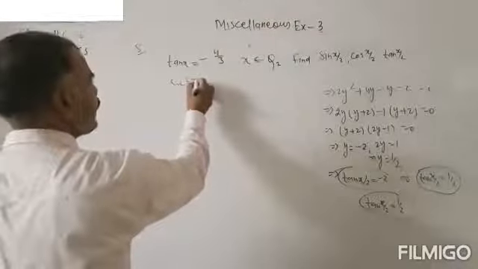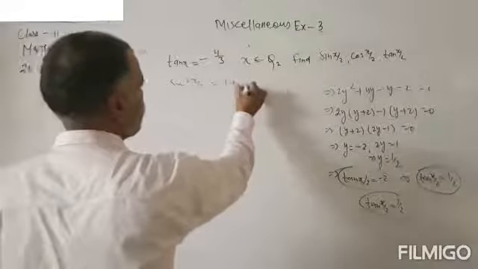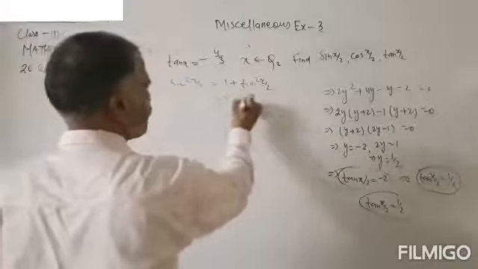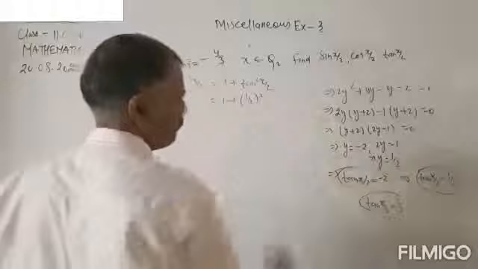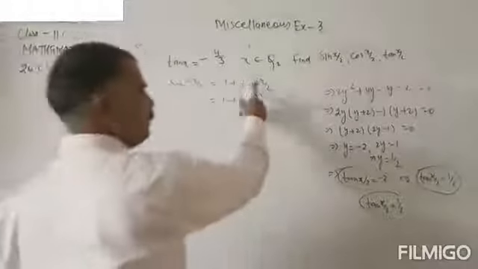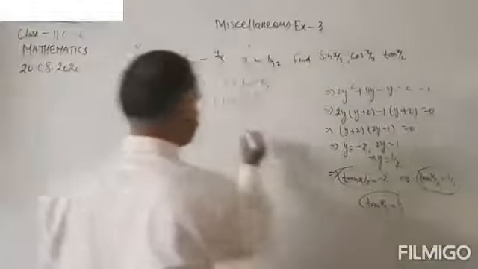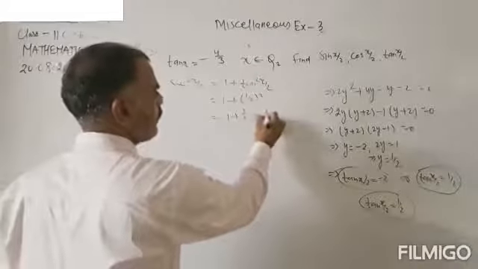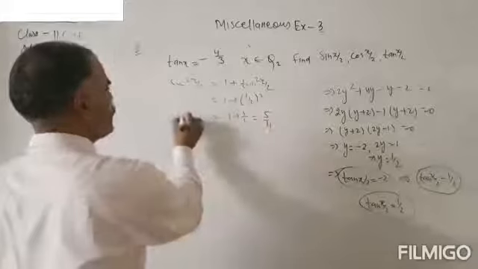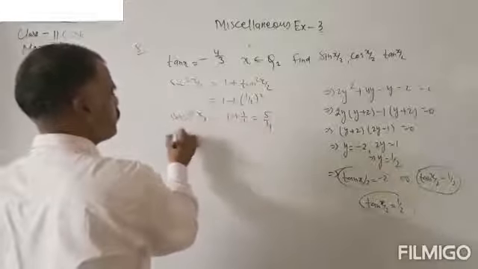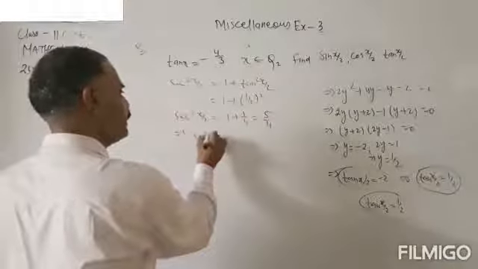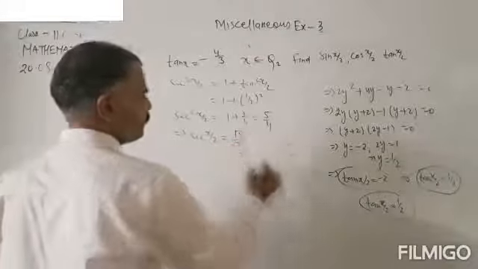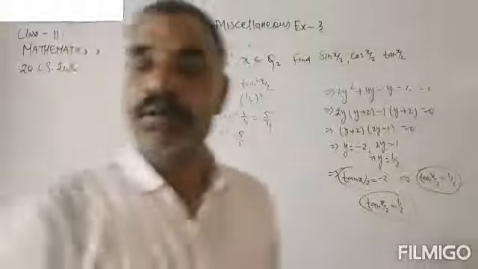Sec square x by 2 is equals to 1 plus tan square x by 2, that is 1 plus 1 by 2 square. Tan x by 2 is equals to 1 by 2, so 1 plus 1 by 4, that is 5 upon 4. This is sec square x by 2. So sec x by 2 is equals to under root 5 upon 2.